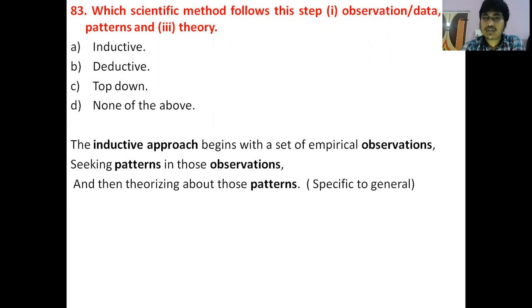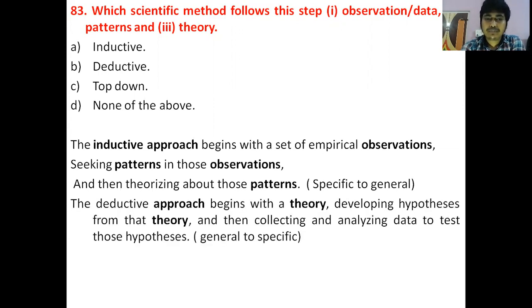And deductive approaches begin with a theory, develop hypotheses from the theory, and then collect and analyze data to test those hypotheses. That means deductive approaches go general to specific. So our correct answer will be inductive approaches, which generate new theory. Option A is the correct answer.